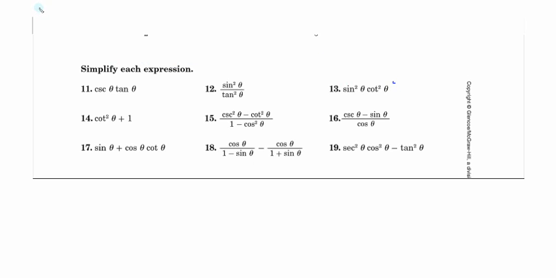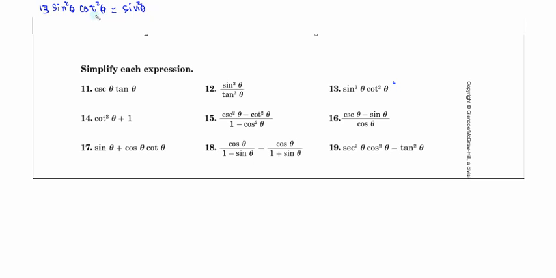let's write here, 15 sine square theta cotangent square theta. Okay, now sine square theta. Remember, sine theta and cosine theta, normally we cannot split it further.